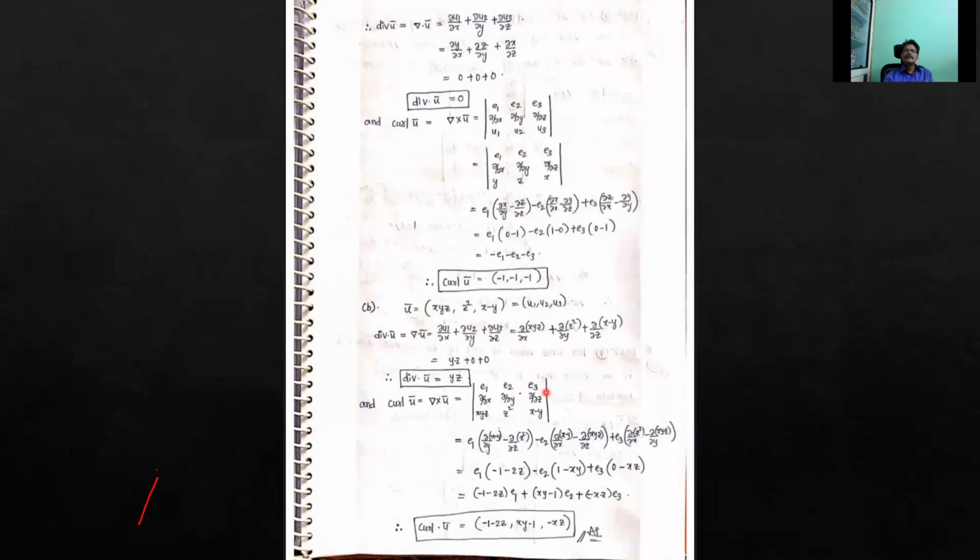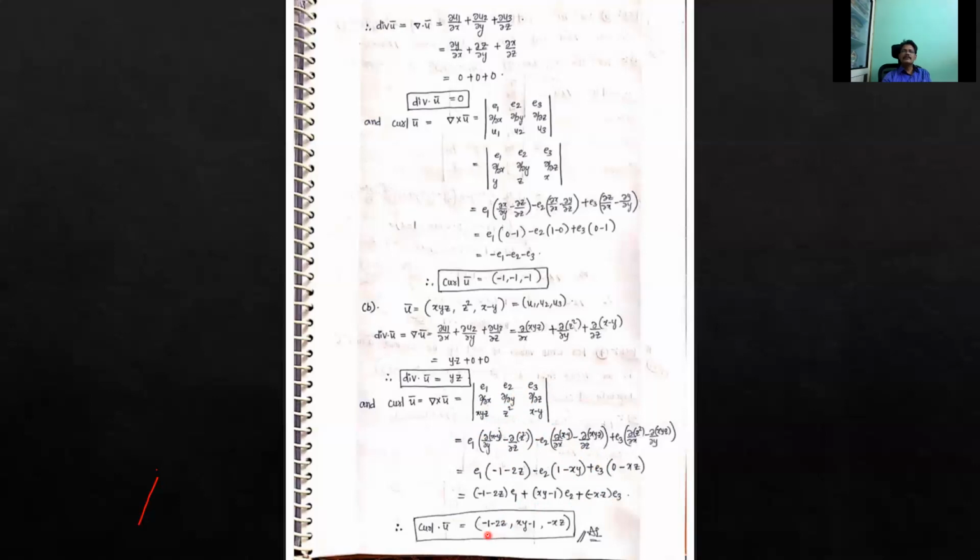You know that for x it is 0, for y it is minus 1, so minus 1 minus 2z. Minus E2 into dou by dou x of x minus y, 1, minus dou by dou z of x y z, that is x y. So 1 minus x y. Plus E3 into dou by dou x of z square, 0, minus dou by dou y of x y z, that is x z. So finally we are getting minus 1 minus 2z E1 plus x y minus 1 E2 minus x z E3.